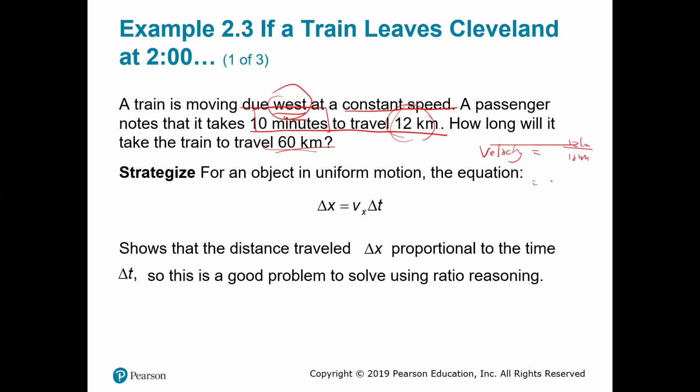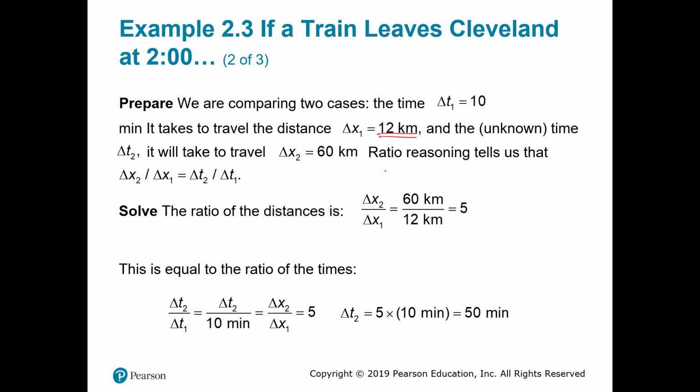So it's 1.2 kilometers per minute. In other words, it will take 1 minute to travel 1.2 kilometers, right? So in order to travel 60 kilometers, how many times the distance do you have to travel? 5 times. So it will take 5 times as long, which is 50 minutes, right?